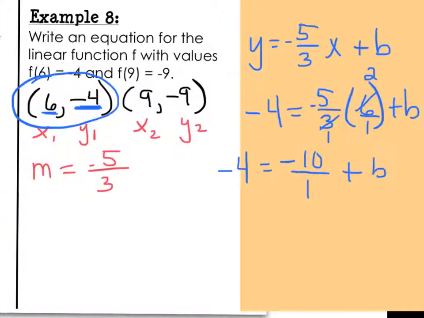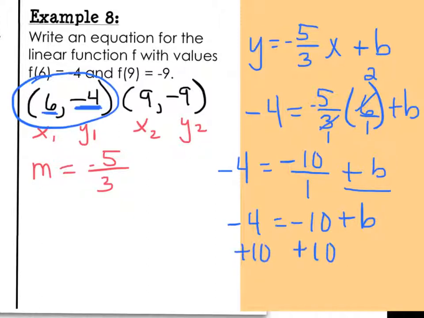So now we simply have to get b by itself. So we have negative 4 equals negative 10 plus b. To get b by itself, we have to get rid of the negative 10. And because it's subtraction, this negative just means subtraction, we're going to get rid of it by adding the 10 to both sides. So when we add 10 to both sides, we get 6 equals b.